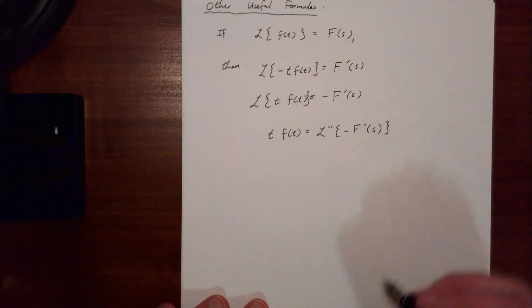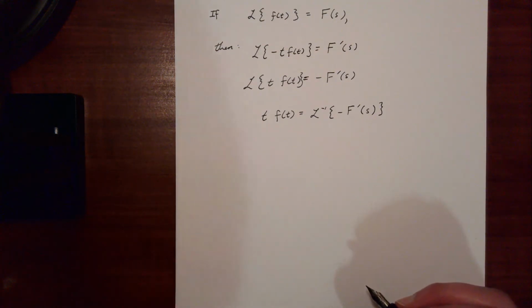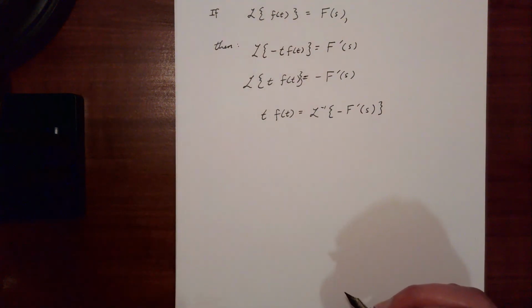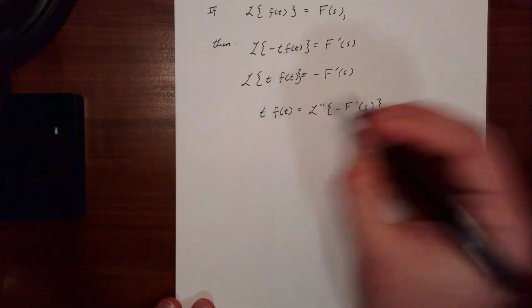So in other words, if now we turn the coin to the other side, and we have a function that we're trying to find the inverse Laplace transform of, maybe it will be easier if we actually just integrate it rather than differentiate, and then that would be adding a t to the inverse Laplace transform.